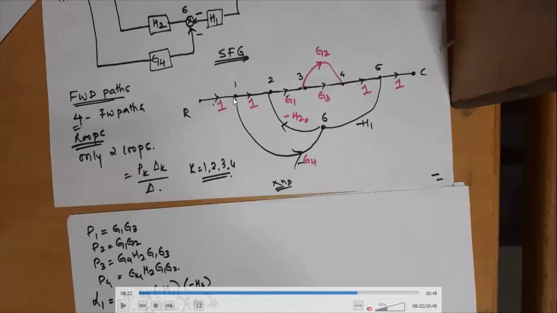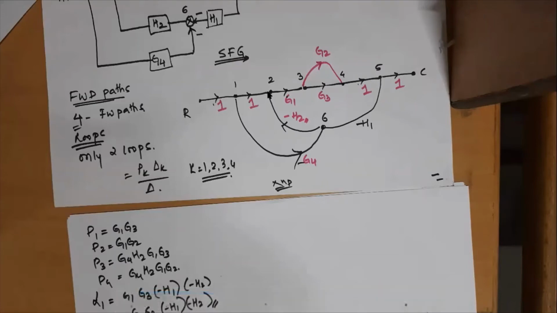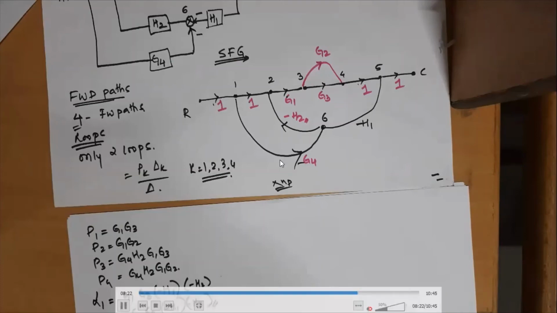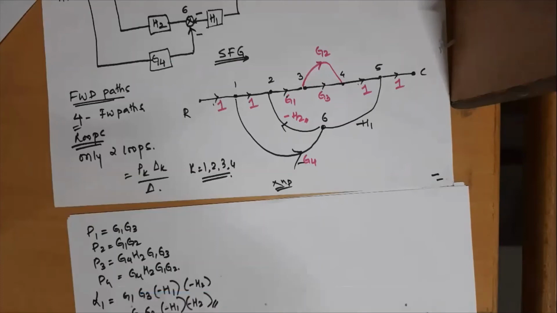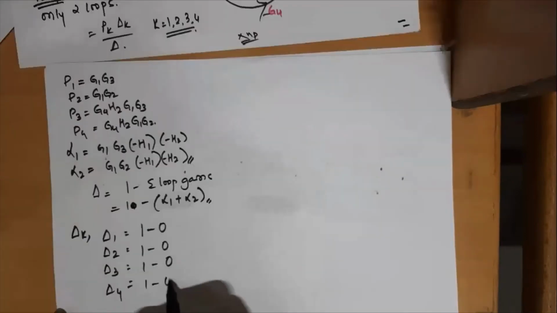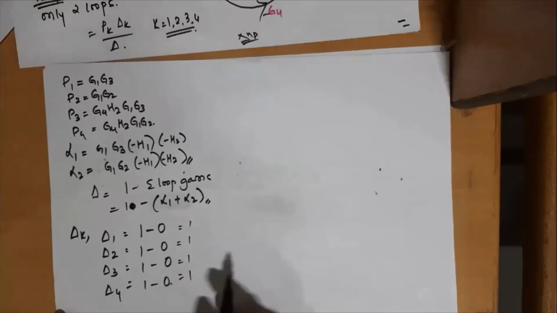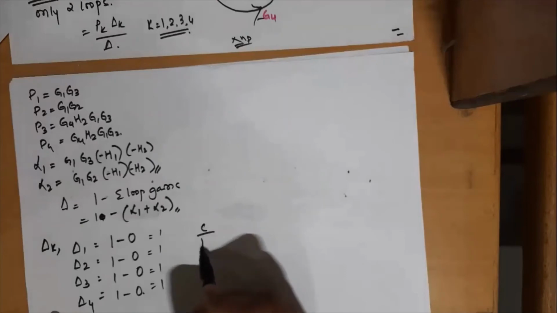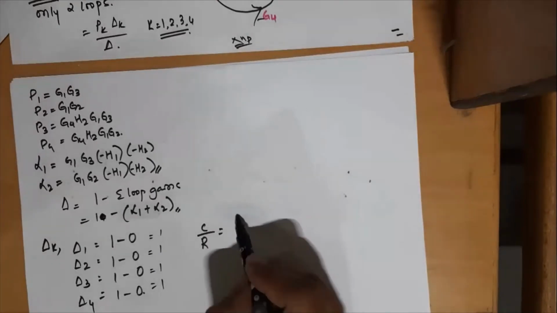Our second path is G1, G2, with 1, 1 on either side. One can easily say that both L1 and L2 are touching the second forward path also. Since they are touching the second forward path, our delta 2 is also 1 minus 0. Similarly, if you look for delta 3 and delta 4, you will end up with 1, 1, 1, 1. So that's it. It's very simple.